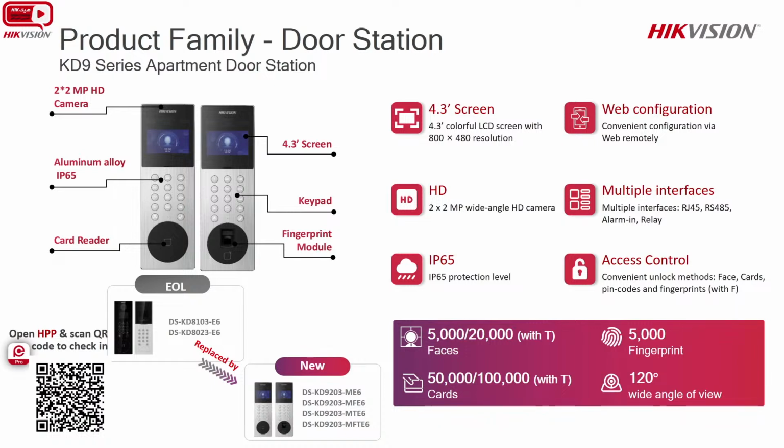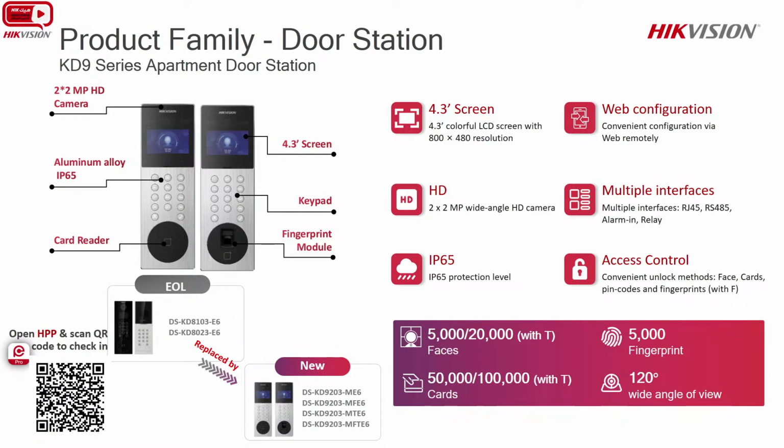And the T version means much more powerful. It has much more capacity, no matter for faces or cards. The T version means bigger, stronger. So the M model is E6, supporting 12 volt, F is fingerprint, and T is the advanced version, especially different in capacity.